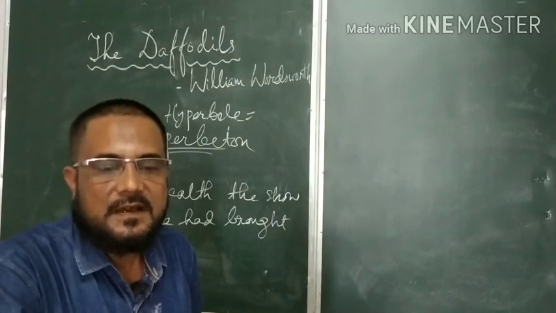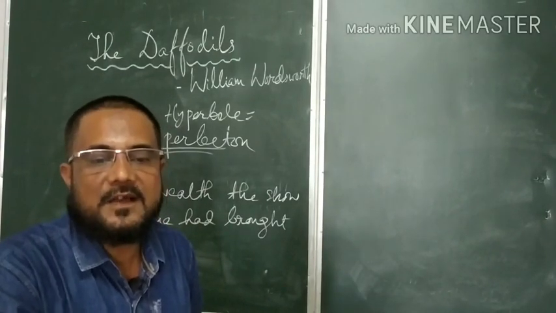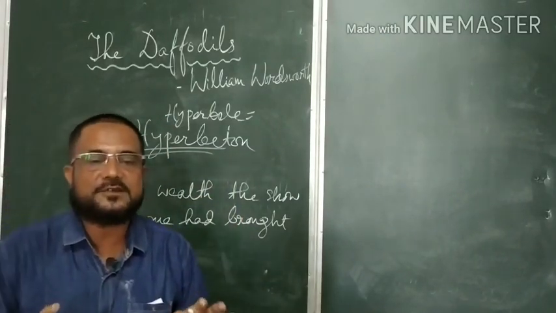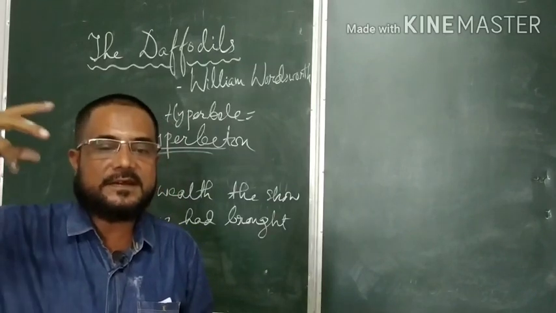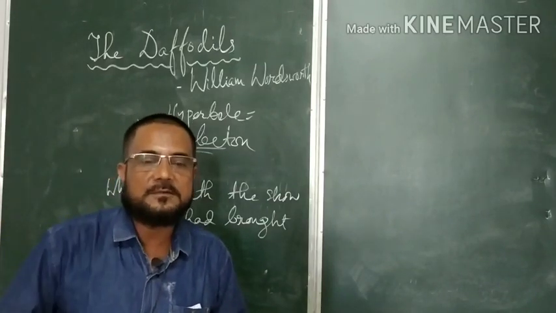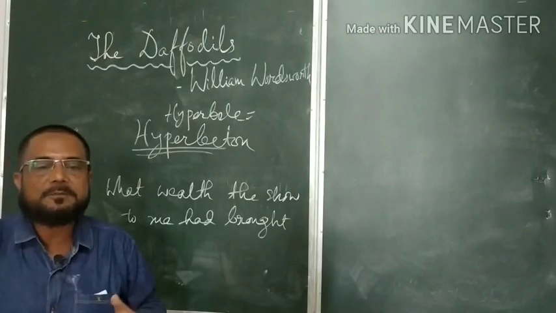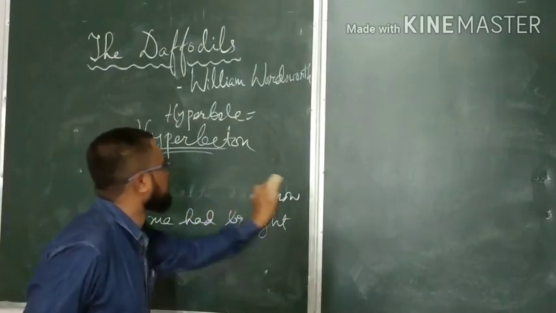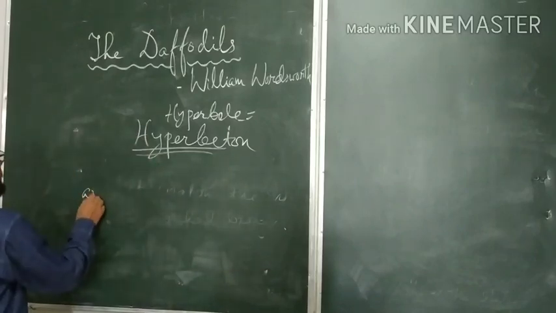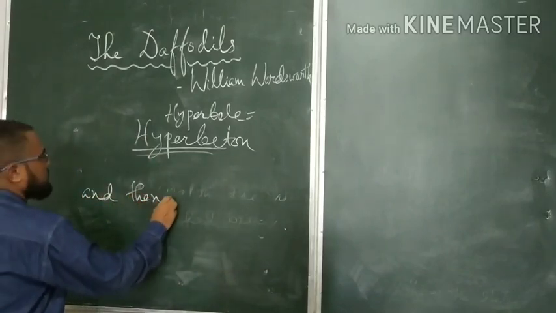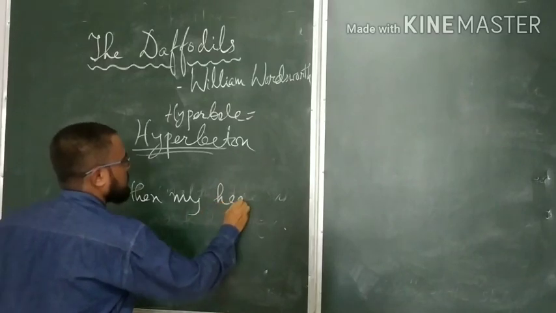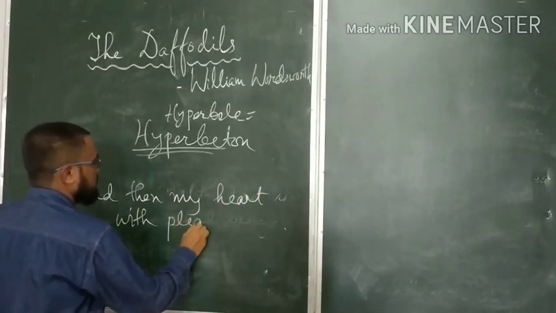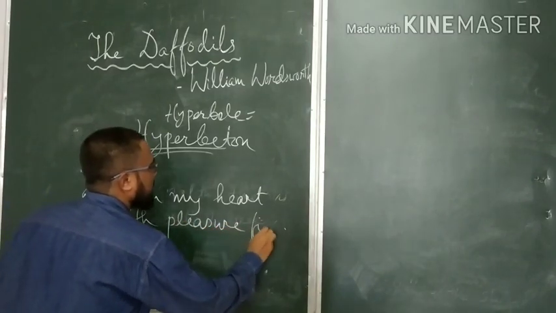"For oft when on my couch I lie, in vacant or in pensive mood, they flash upon that inward eye, which is the bliss of solitude, and then my heart with pleasure fills."